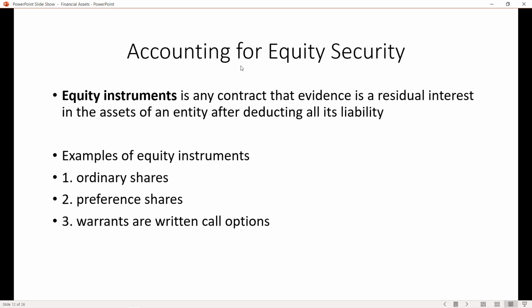So, ano nga ba si equity security? So, equity instruments is any contract that evidences a residual interest in the assets of an entity after deducting all of its liability. So, again, example ng ating equity instruments includes ordinary shares, preference shares, and warrant or written call option.